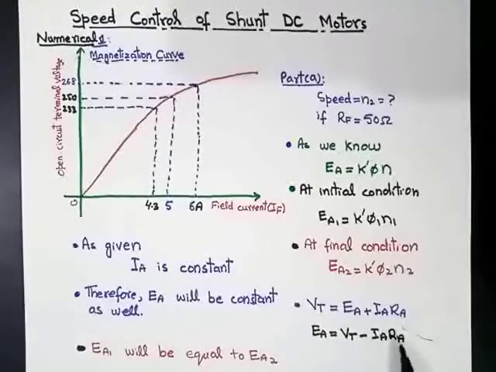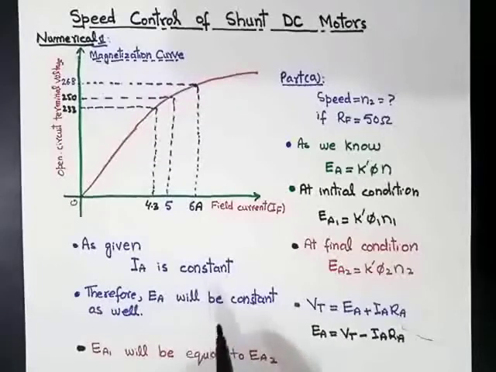If all the parameters are constant, and the armature current is also constant because in this particular problem it is assumed to be constant, then there will be no change in the armature voltage. It means EA will be constant throughout.